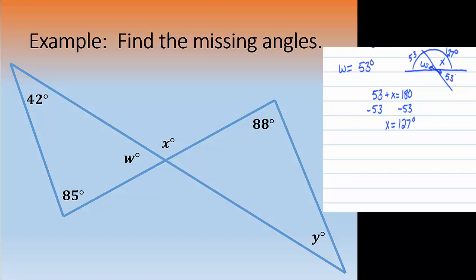So that now I have a 53-degree angle plus an 88-degree angle plus whatever y may be, but again, all three of those angles are going to add up to 180 degrees. So my 53 plus 88 adds up to 141 plus y equals 180. So my value of y then is 39 degrees.